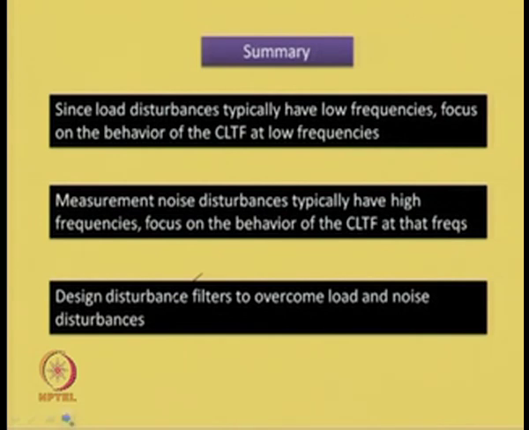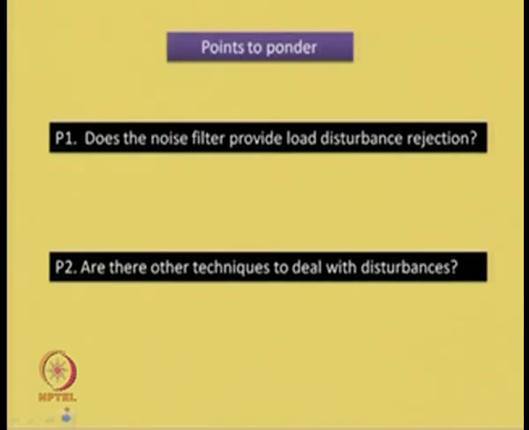Now, coming to the points to ponder, we have 2 important points to discuss related to this topic. First is, does the noise filter provide load disturbance rejection?